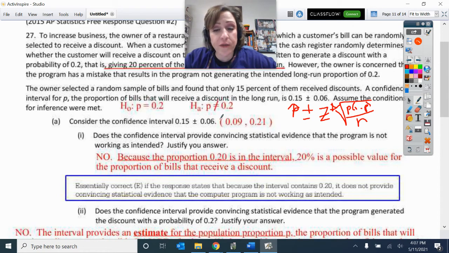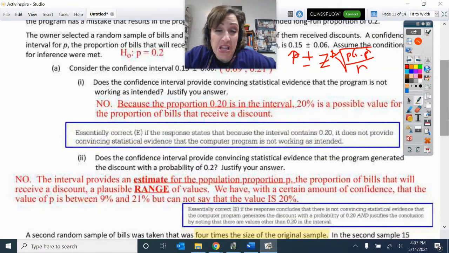Well, look at my interval. That 20% is in the interval. And so therefore 20% is plausible. I'm not saying it is it. I'm just saying it's a possibility. So essentially correct if it states that because the interval contains 0.20, it does not provide convincing statistical evidence that it is not working.